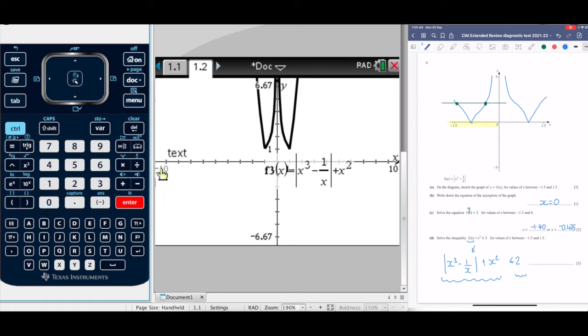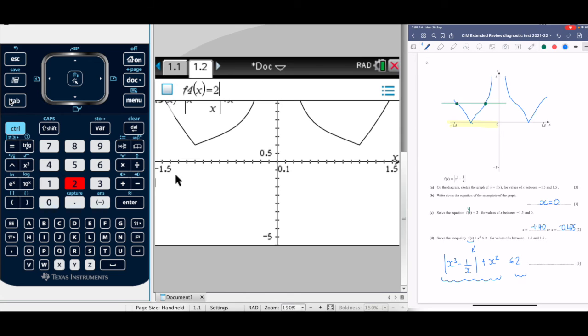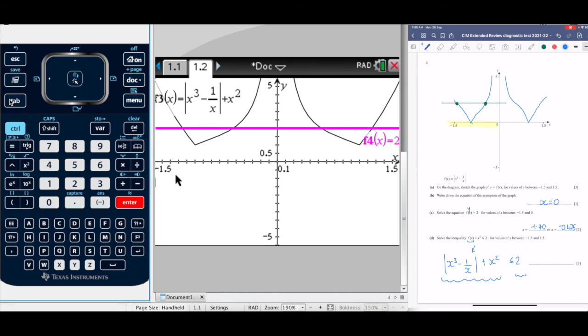So this time the graph looks like this, and again let's just quickly change the axis. Okay, there's the axis done, and I want to know when is it less than or equal to 2. So I'm going to draw the line of 2, and then I want everywhere that the graph is less than 2, which is in between these two values and then in between these two values. So I'm going to end up with like 2 regions that I'm drawing on.